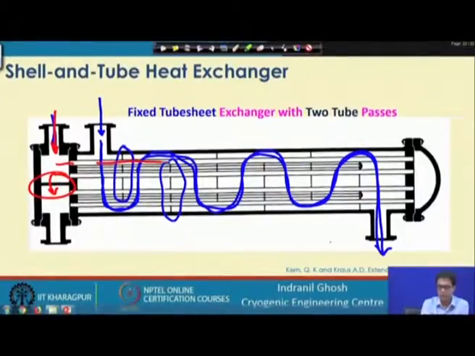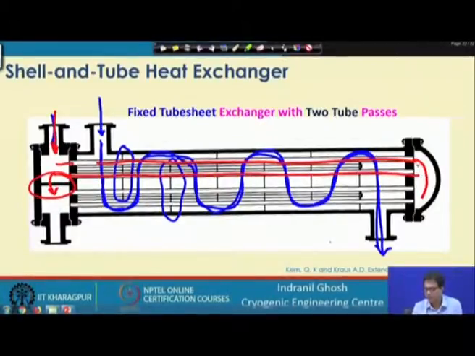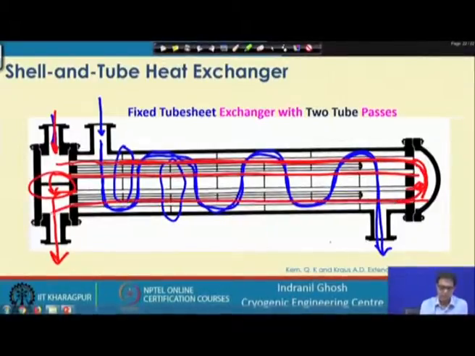So, it has to go through the tube side, it will flow like this, then it will take a diversion, and the same thing, this is getting distributed coming over here. At this point they will get diverted and follow this path and finally come out of it. So, it is like 1 and then 2 passes for the tube. So, 2 tube passes, that is why we call it 2 tube pass, but this is a single shell pass.